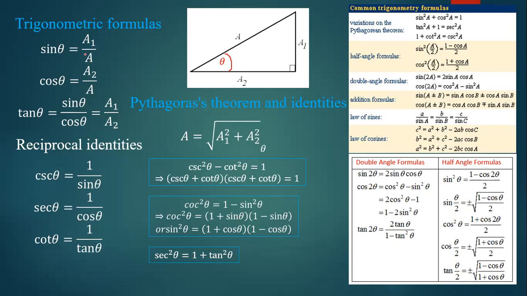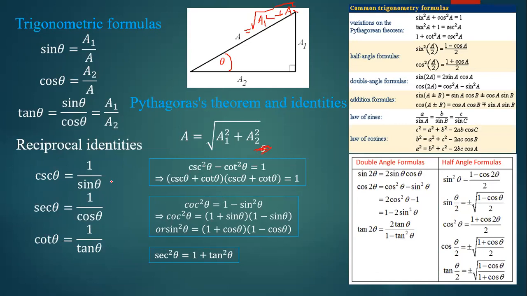So sine theta is A1 over A, where A is this side, which is equal to the square root of A1 square plus A2 square. So that is this side of the triangle. Using the Pythagoras relation, we can calculate these things. This is not required here.